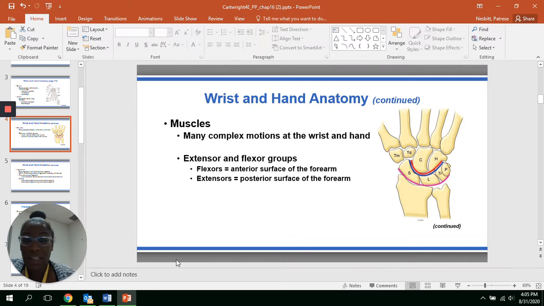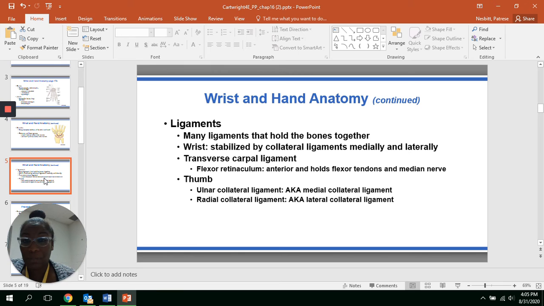But anyway, that's just something to be mindful of in terms of the bones in the wrist, or your carpal bones. As I said before, oftentimes ligaments and joints are named by the location of where they are. So you want to think about all the ligaments in the bones.